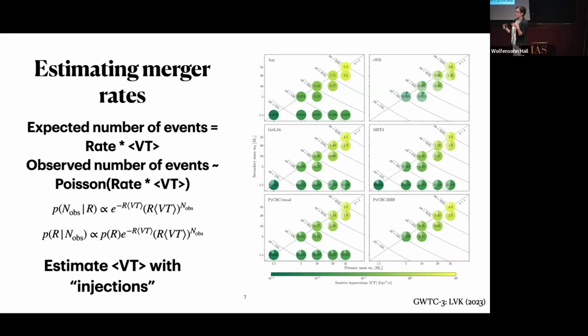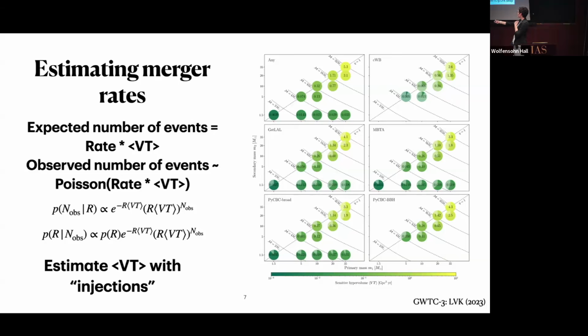The observed number of events, which is our data, that's what we've measured, is distributed according to a Poisson distribution centered on the expected number of events. So the mean of the Poisson distribution is the expected number of events. The standard deviation is the square root of the expected number of events.